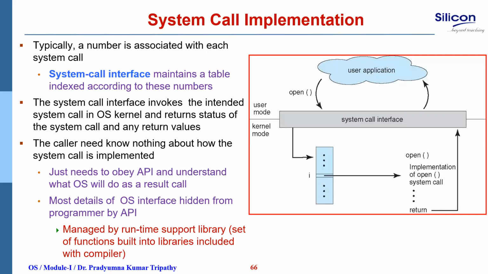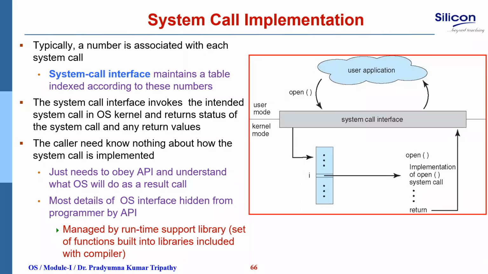The caller need know nothing about how the system call is implemented. This isn't required at all, because the user wants his work to be done only. So it just needs to obey the API and understand what the operating system will do as a result of the call. It must know that after invoking the call, what it should return to me.